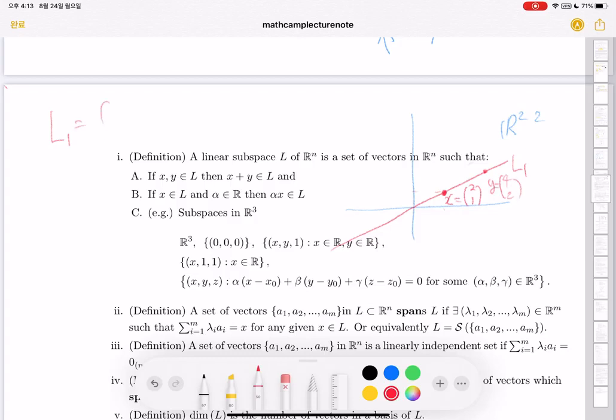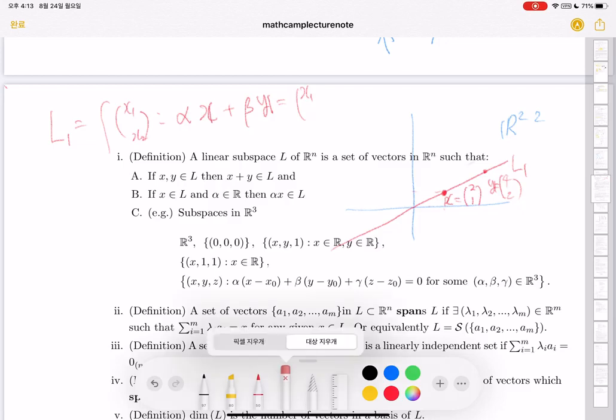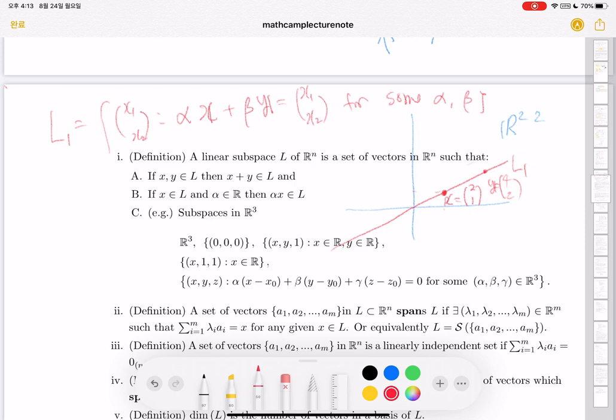Then L1 is the set of x1, x2 such that, using boldface x and y to denote that they are vectors, alpha x plus beta y equals (x1, x2) for some scalars alpha and beta. So both x and y span L1 as well.